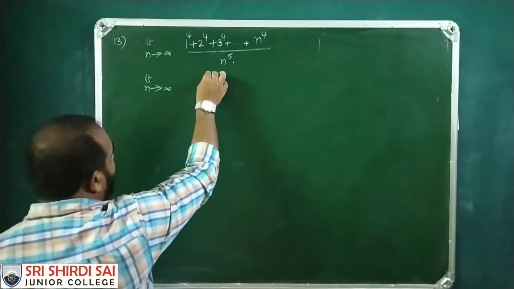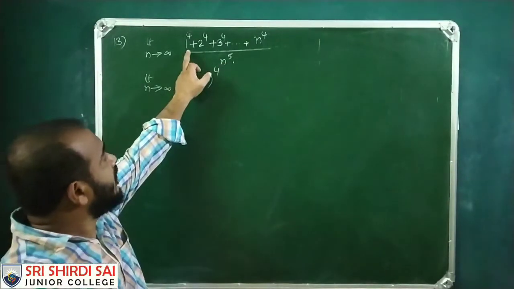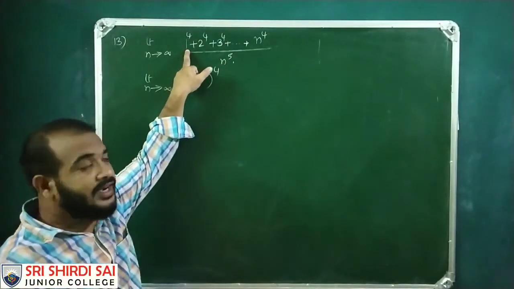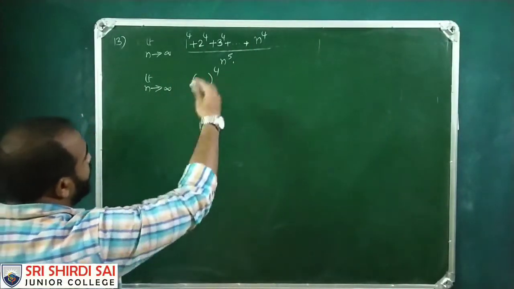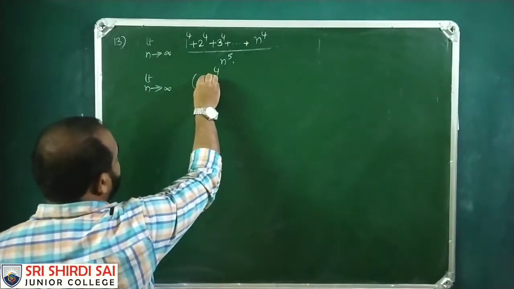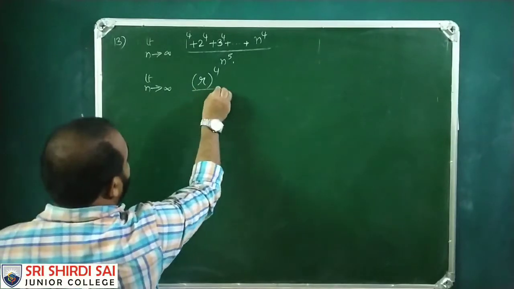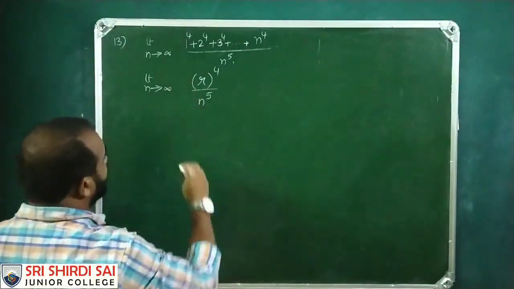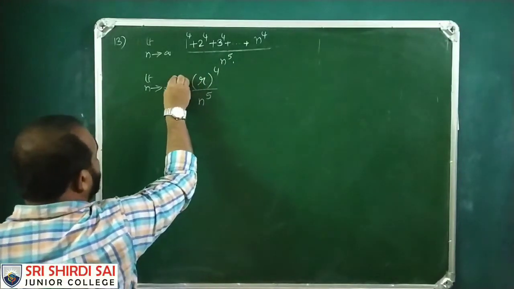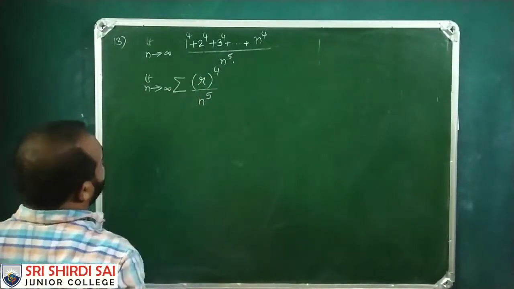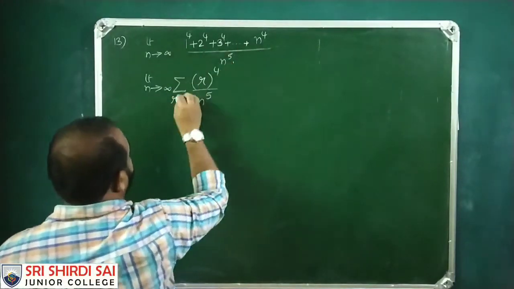The power 4 is the same everywhere, but the base term is getting varied: 1, 2, 3, etc. So this can be replaced with r, r by n power 5, and these are the plus symbols. Therefore, we can write it in sigma notation, r runs from 1 to n.